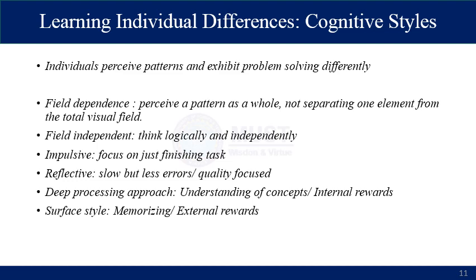There are some reflective cognitive style students who are slow but show fewer errors, or they are more quality focused. Some employ a deep processing approach. They invest their time to understand the concepts, and it will reward them internally by achieving that task in the form of task accomplishment.